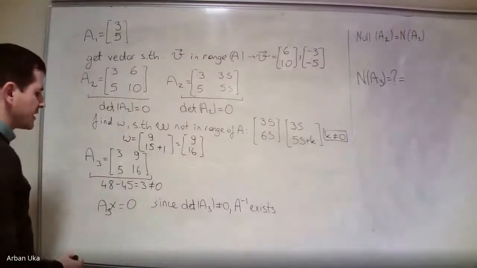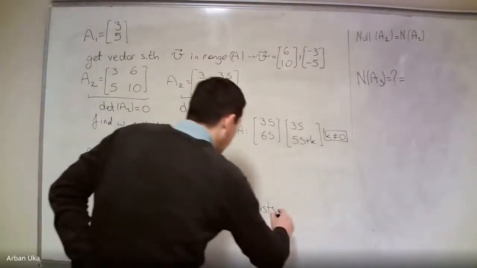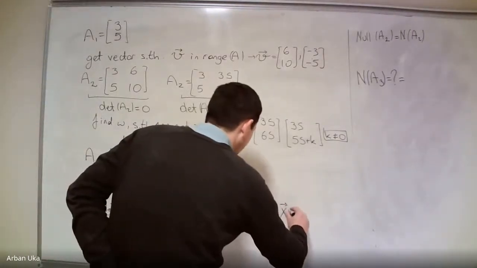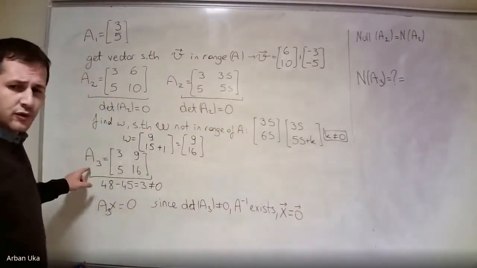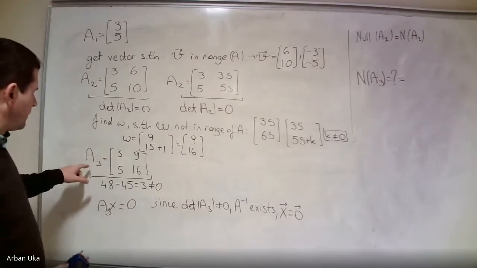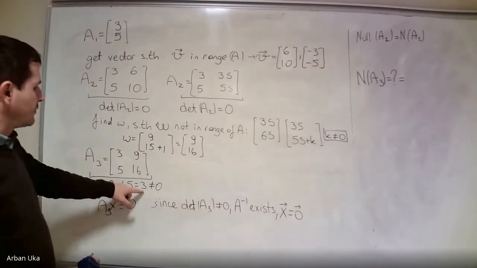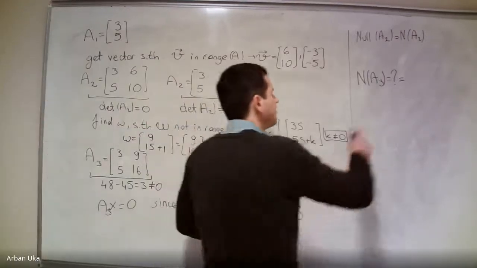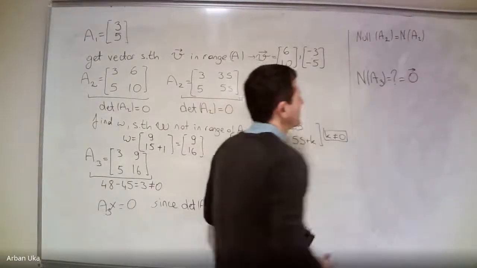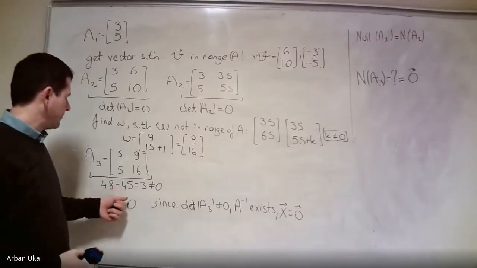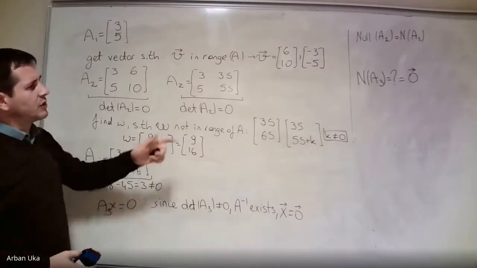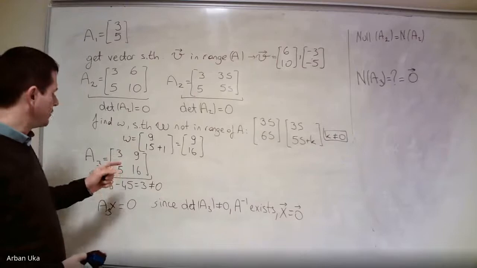If A inverse exists, then this has only the trivial solution, so x is equal to 0. So if we want to find the null space of a matrix that has a determinant different from 0, this is a very easy question. You come to an exam, you're asked to find the null space, you look at the determinant, it is different from 0, you get the 0, you got it. Okay, it's very easy.